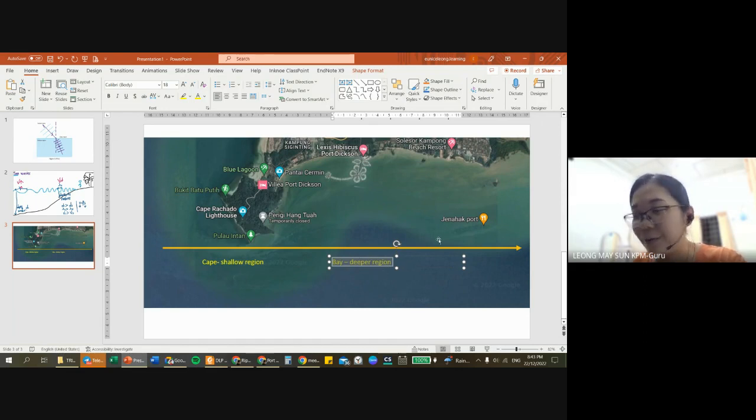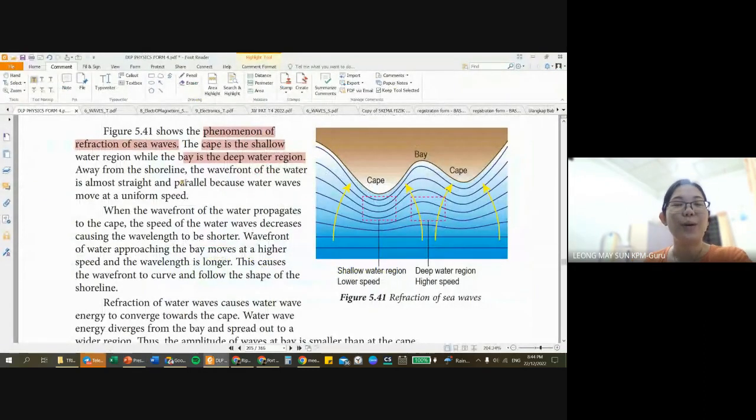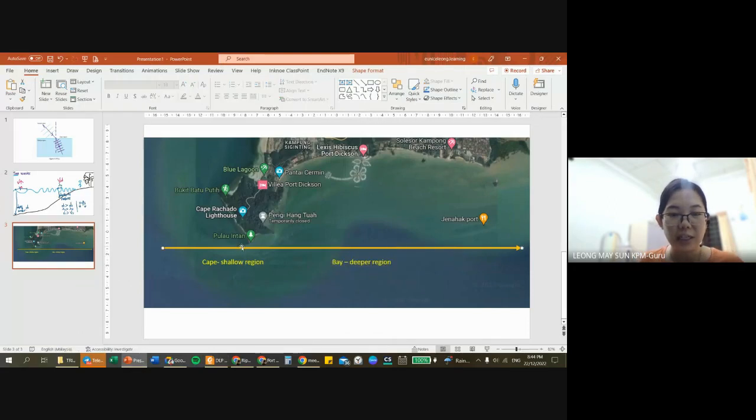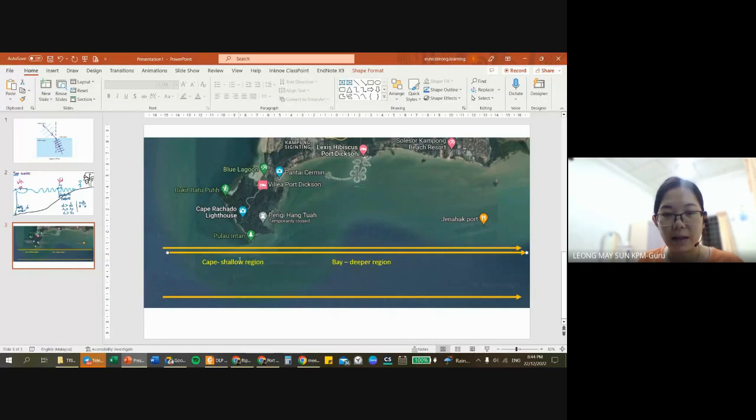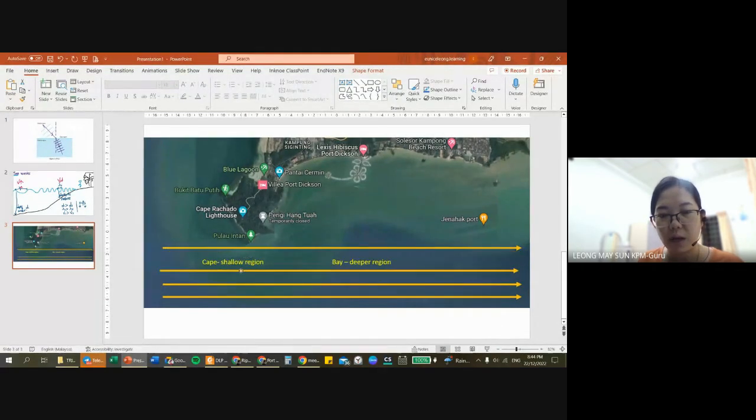Form 5, this one very familiar, right? Over here, away from the shoreline, the wave fronts of the water wave are almost straight. Ignoring the arrow, the wave fronts are almost straight, plain wave fronts.